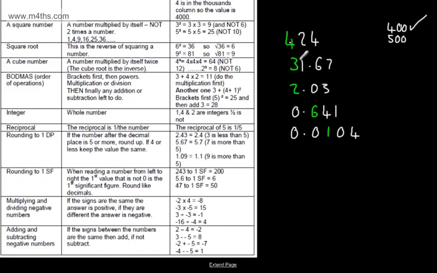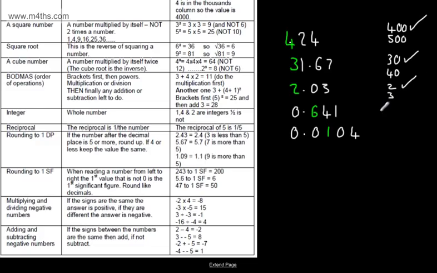The next one to one significant figure, remember we're rounding to the nearest 10 as the 3 is in the 10 column. We'd have 30 or 40. Again, the 1 after it, we would round down. This one to one significant figure. These are units. We have the choice now of 2 or 3. The 0 after says I'm going to round down again.